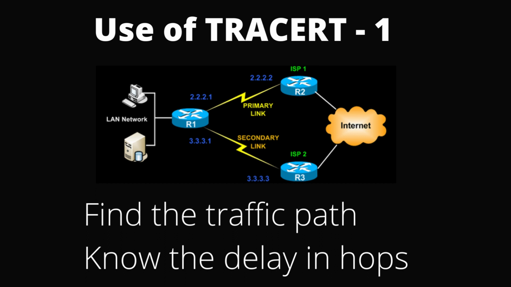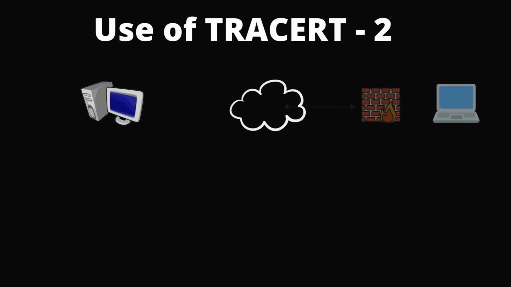It will also show the delay between each hop: what is the delay between your machine and your gateway, then between R1 and R2. Each and every hop shows the actual delay, in milliseconds. So you'll get to know, if there is latency or slowness, where the actual issue is. That is the first use of traceroute.